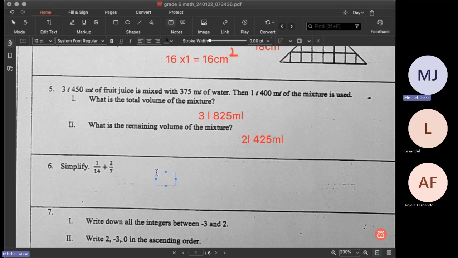This last one, we have to simplify. We have a very easy question, isn't it? We can take the common value as 14. So at the top, it will be 1 plus... sorry. Give me a minute. Okay.